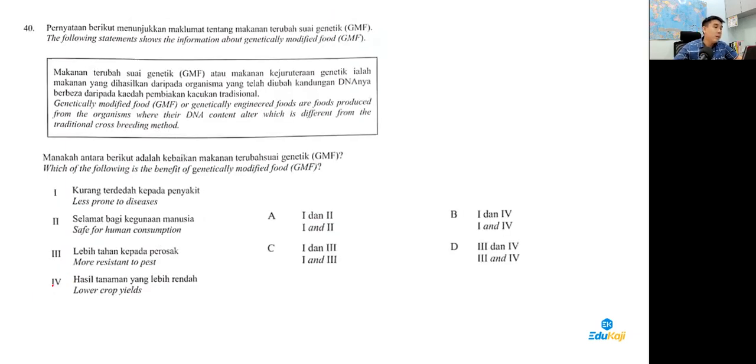Finally, number 40, genetically modified food. Oh, which of the following is the benefit? Should be like an English question again. Something good lah. But all are good. No. Last one is bad. Lower crop yield is bad. So you know one is accepted. So the question is between 2 and 3. Genetically modified food, 2 or 3 is better.